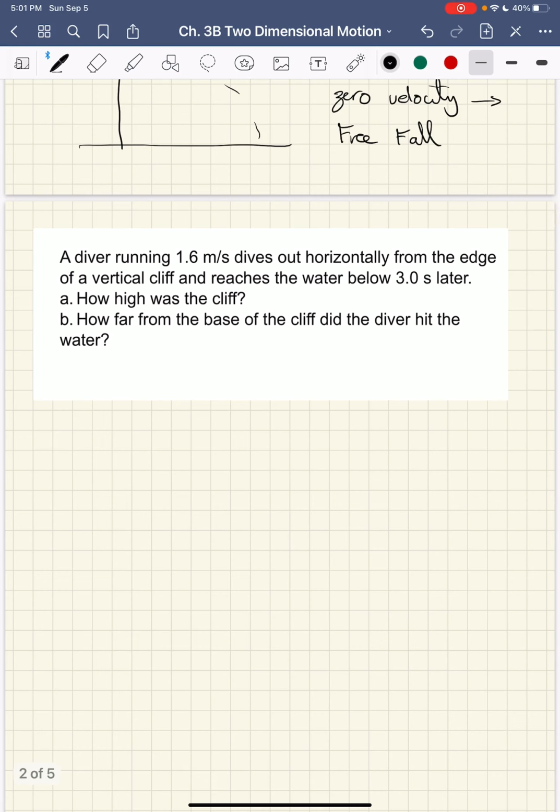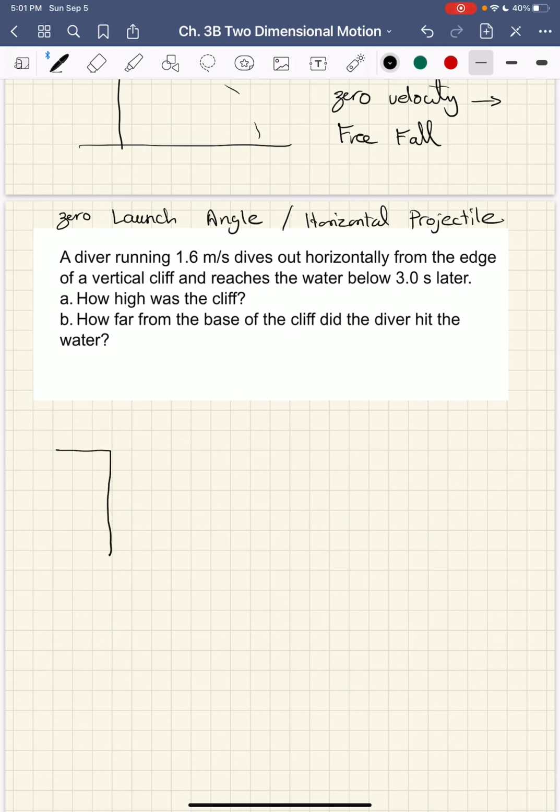Let me now start solving problems for you here. The first one is about, as I said, 0 launch angle, or we call it horizontal projectile. Now, we have here a diver that is running.